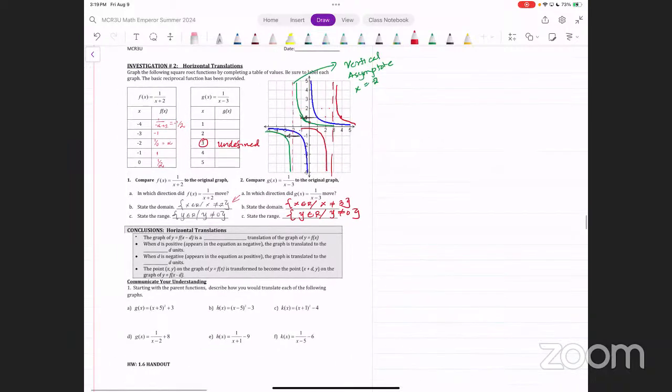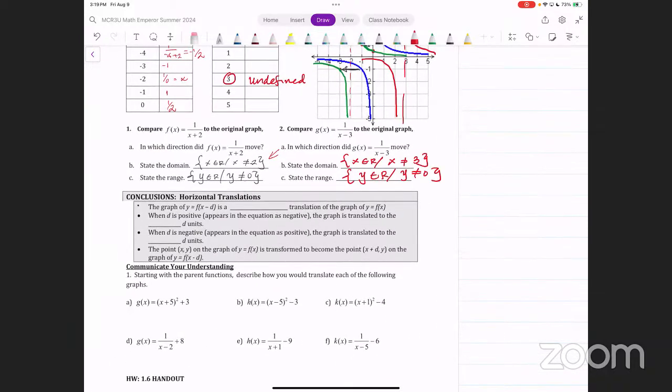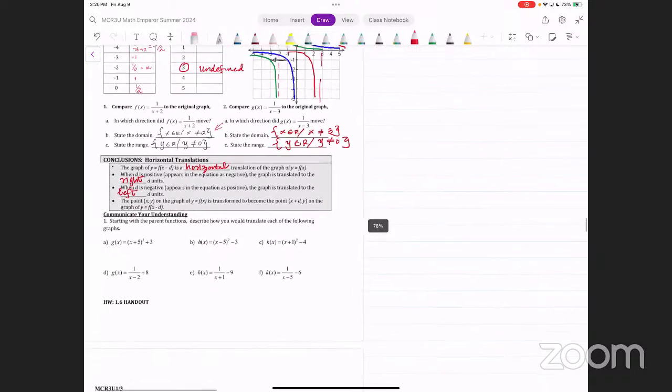All right. So the graph of y is equal to f(x - d) is a horizontal translation, isn't it? So where d is positive, the graph is translated right. When d is negative, the graph is translated to the left. The point (x, y) on the graph is translated as follows.